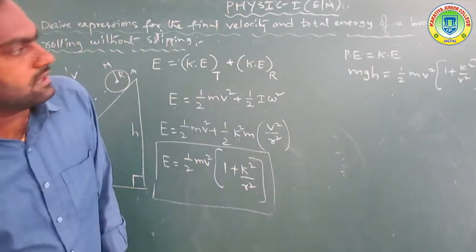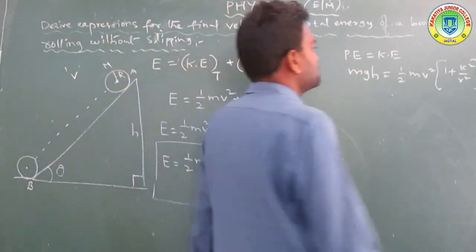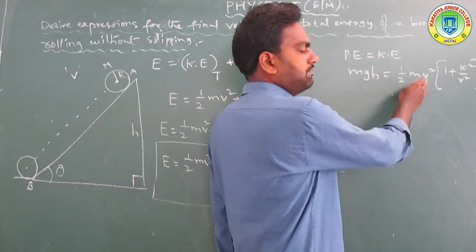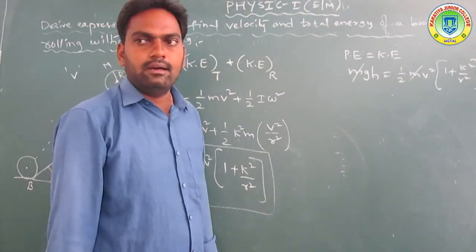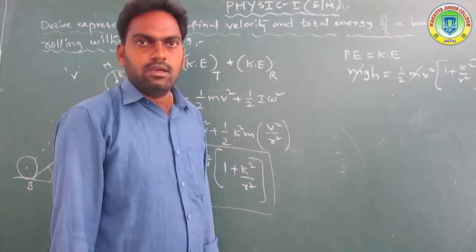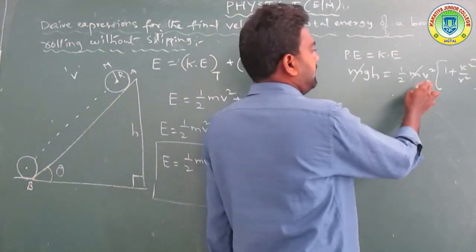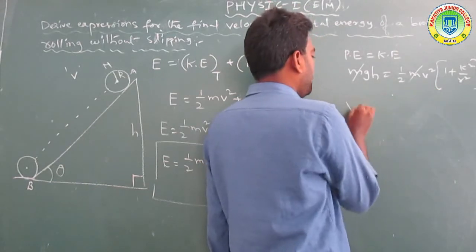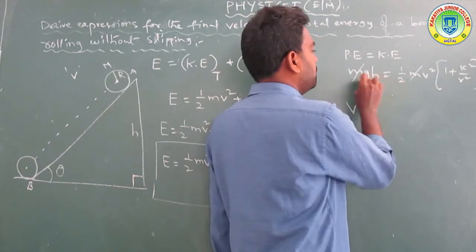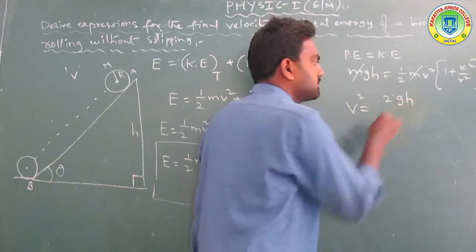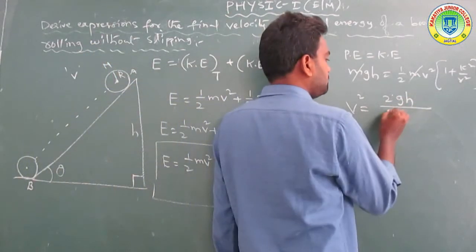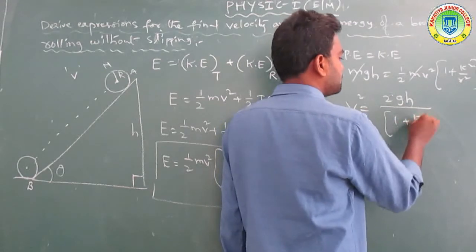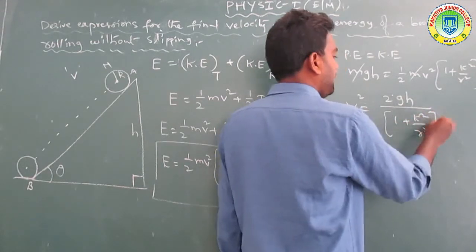Now to find out the final velocity, V. M and M cancel, so the remaining equation we can write: V square is equal to 2gh by 1 plus K square by R square.